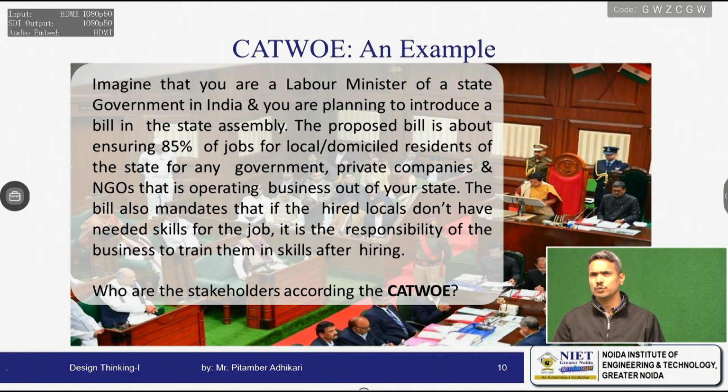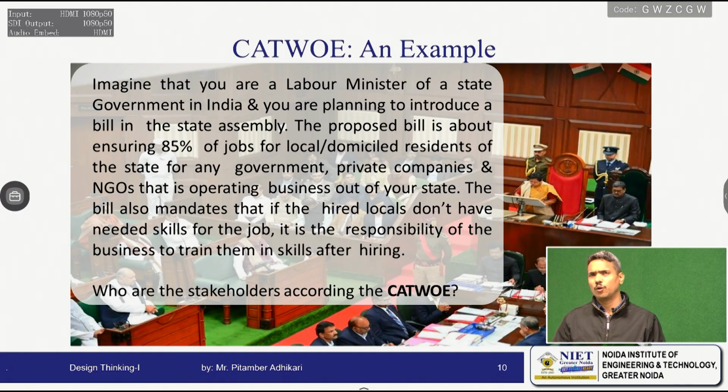Okay, so here imagine that you are a labor minister of a particular state. The minister is planning to introduce a bill in that state assembly. The proposed bill is about ensuring 85% of jobs for local or domicile residents. That is, we are here talking about the native people.